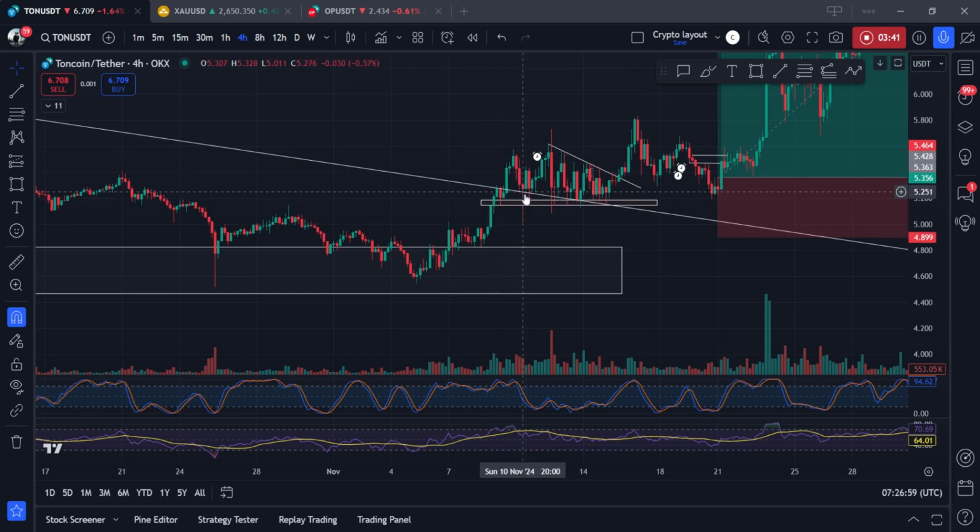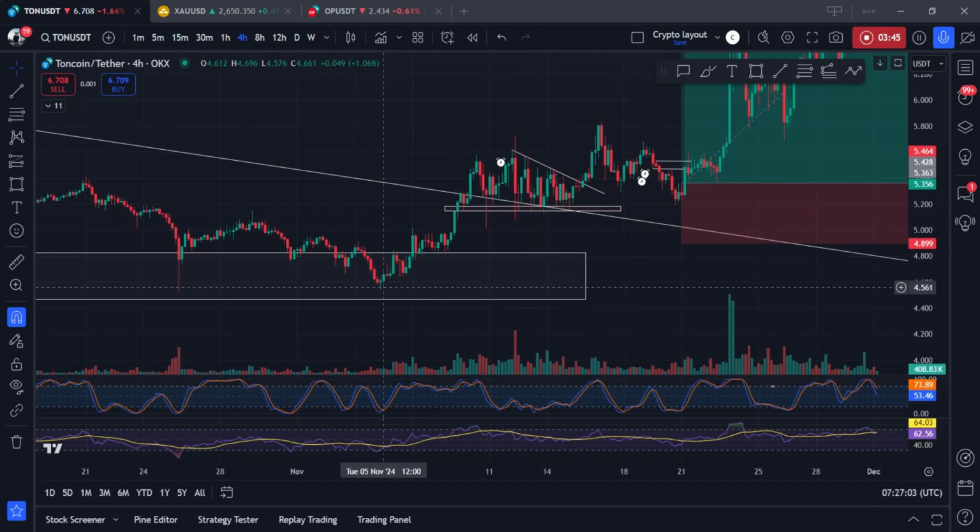So this is again another triangle. Look, usually again, those are continuation patterns. If the price is coming from above and then it makes a triangle, it's likely a continuation of a downtrend move. But here, price is coming from below. So of course, look what happens. Shoots up.